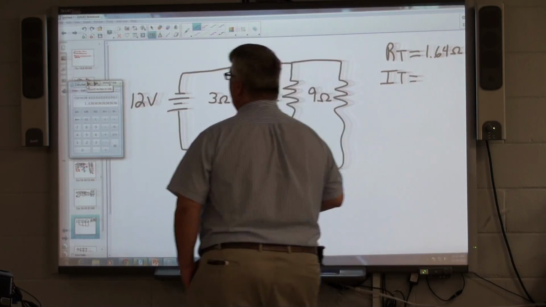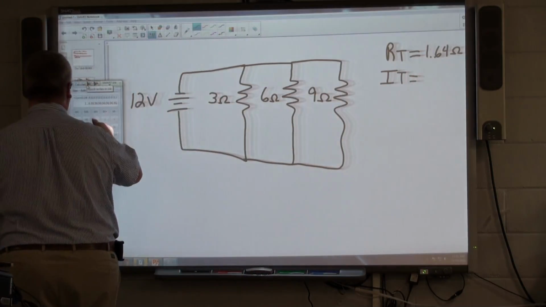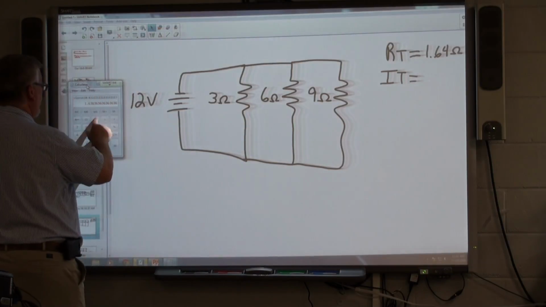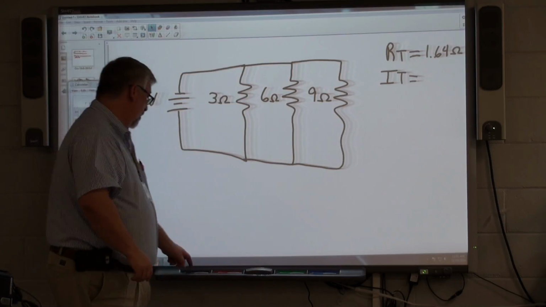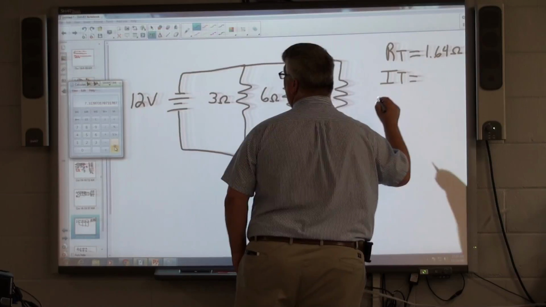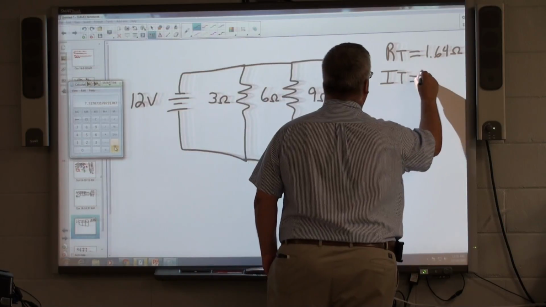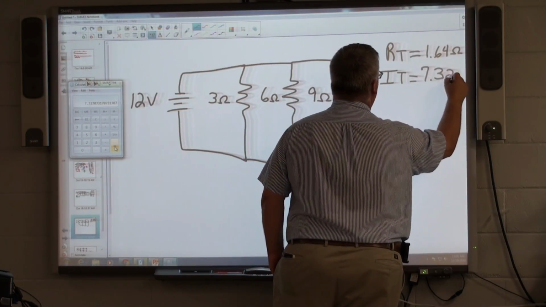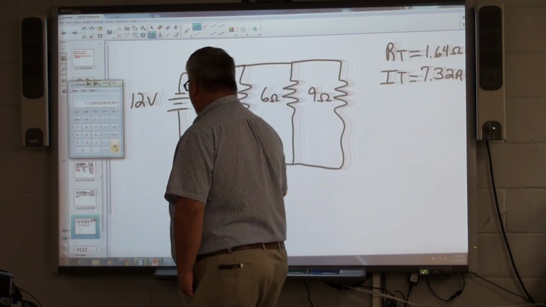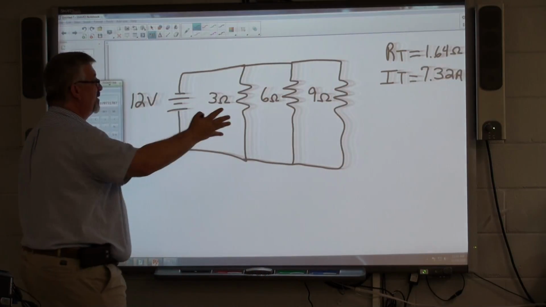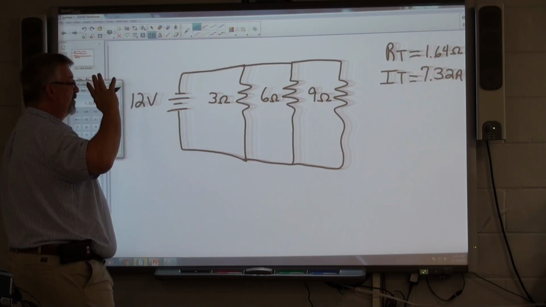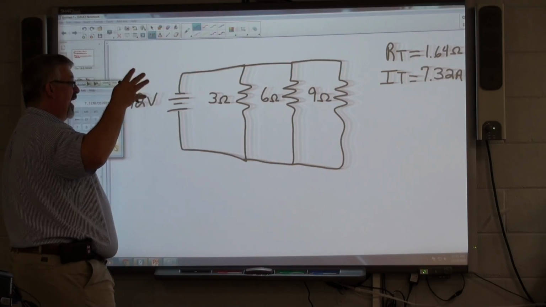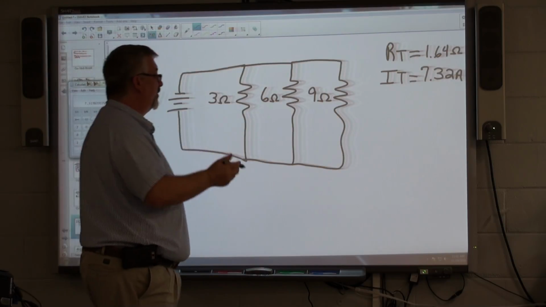What is I total? 7.31, right? 7.32, yep, I didn't round correctly. Alright, 7.32 amps. So all we did was plug in our calculator, get our total, and do Ohm's law for I, which is V over R, and we got 7.32 amps.